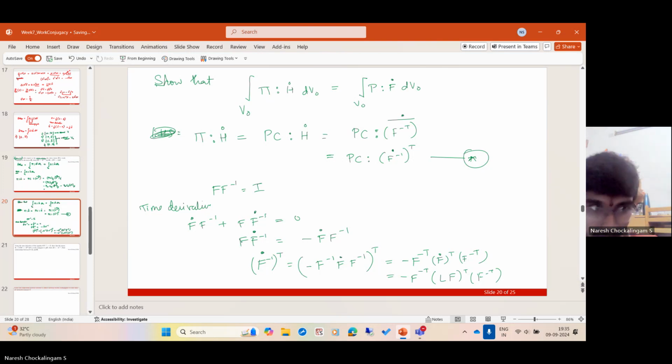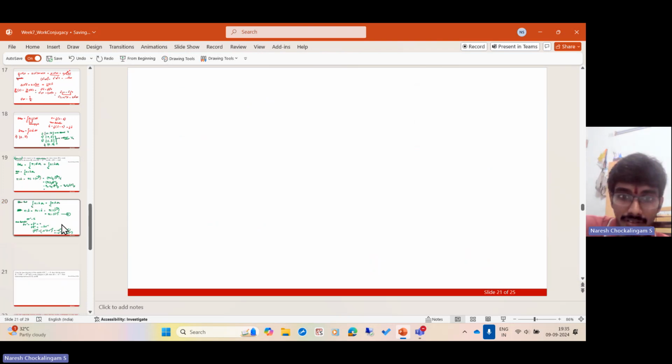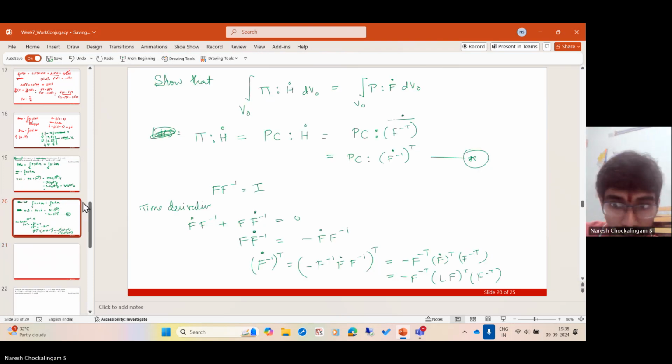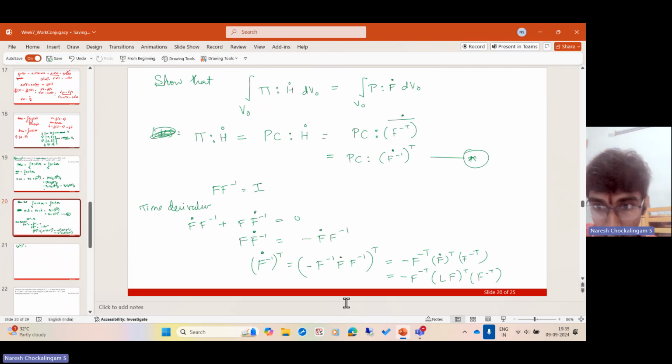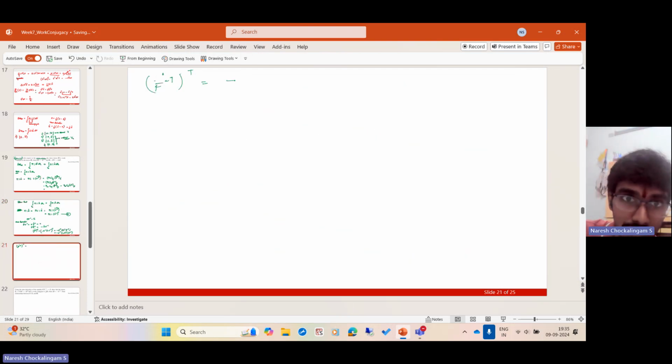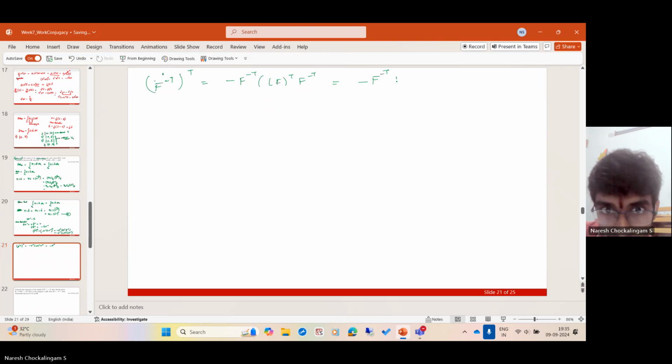This is minus F inverse transpose, F transpose, L transpose, F inverse transpose.